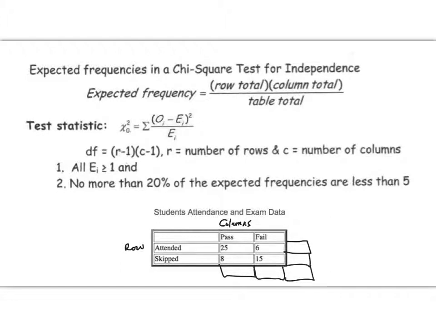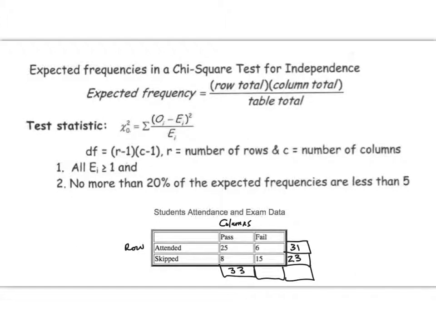Across my attended row here, I have 25 and 6, so that is a total of 31. Then my skipped data is 8 and 15, so that would be 23. Down my pass column, I have 25 and 8, that is 33.